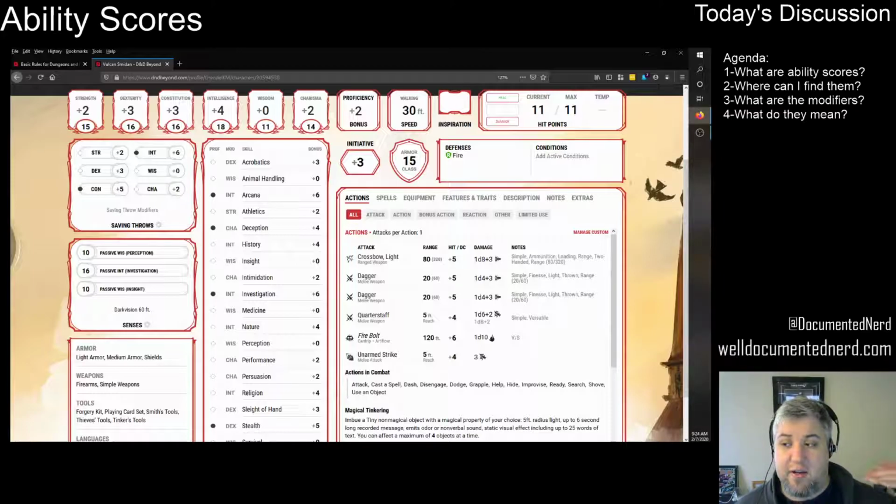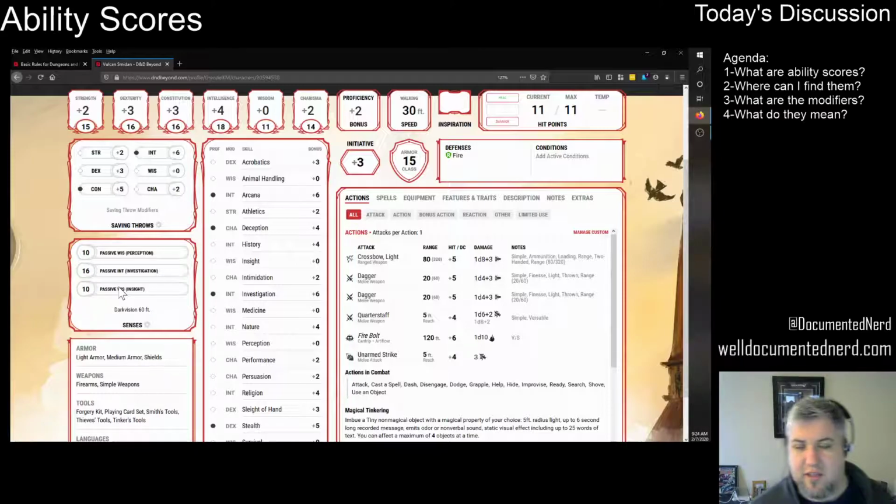So when a DM sets a threshold and says it takes a 14 to notice this, it means if I don't actually ask for a roll, he or she should assume I got a 10. Passive intelligence or investigation, if I'm sort of looking for things and they don't want to make me roll, the DM should treat it as a 16 and say, all right, if it was a 14 to find it, Kevin found it.